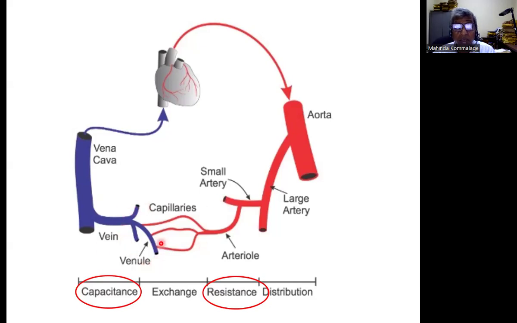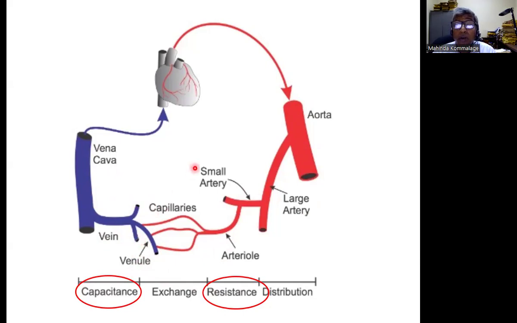But not here. The aorta, large arteries, small arteries, we cannot control. Veins, great veins, we cannot control. So you can understand that in our circulatory system, arterial system and venous system, only certain places we can control. One well-known place is arterioles and venules.